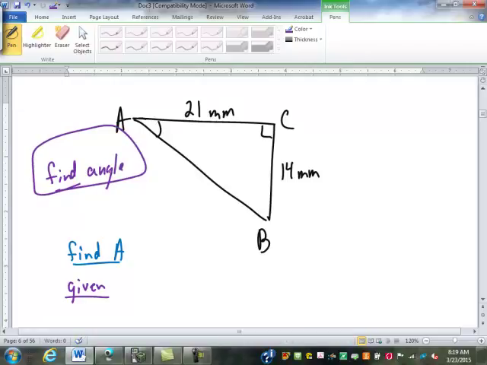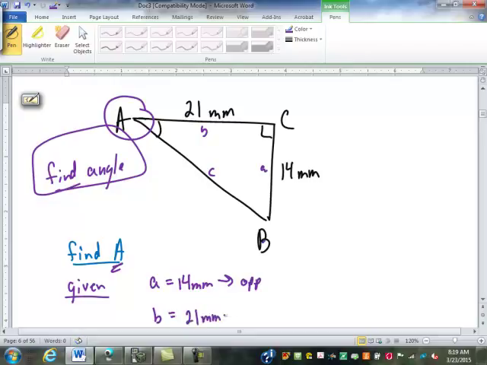This is side A, this will be side B, this will be side C. We're given side little a, which is 14 millimeters, and which leg is that? If this is A, that would be the opposite side. If we were looking at B, it would be the adjacent side, but we're wanting to find angle A. We're also given side B is 21 millimeters. It is the adjacent leg.